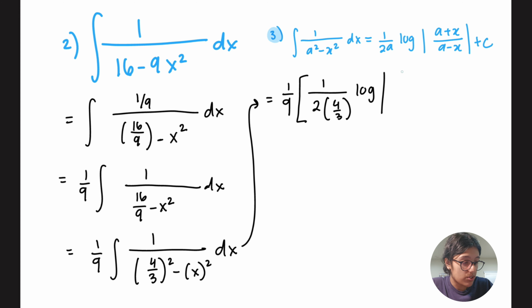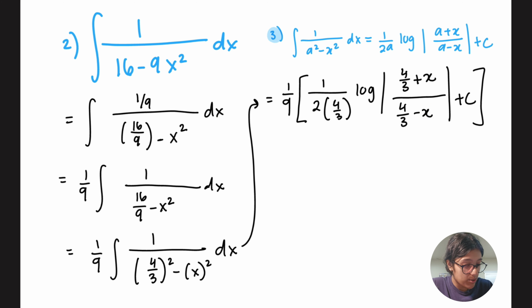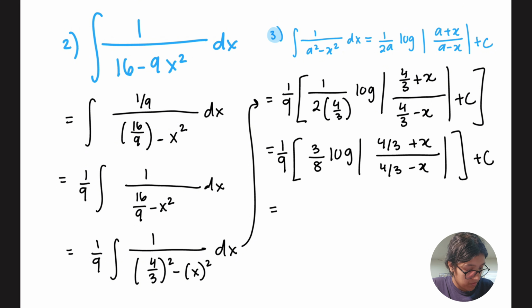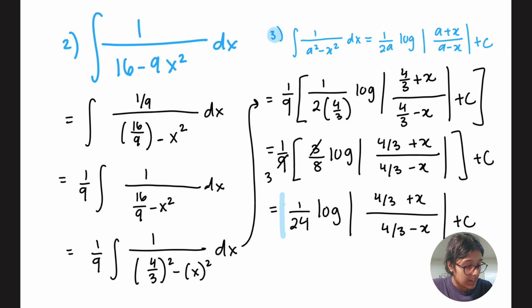A we already established is 4/3. X in this case is just going to be x over 4/3 minus x, plus c. And all we have to do is simplify it.